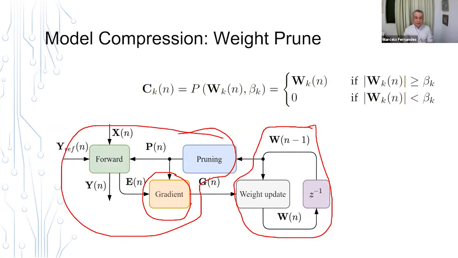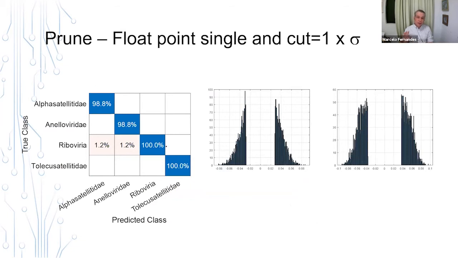And these are some results for the same example that I presented, the virus classification. In this case, I did this pruning. It's a very aggressive prune, but you can see that the accuracy decreased, but not much.